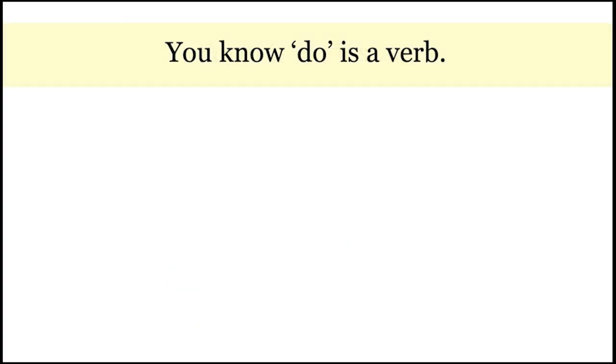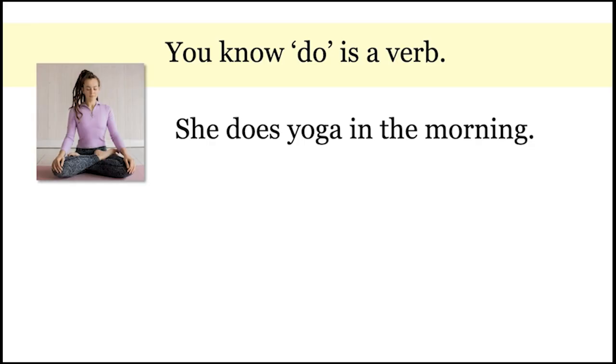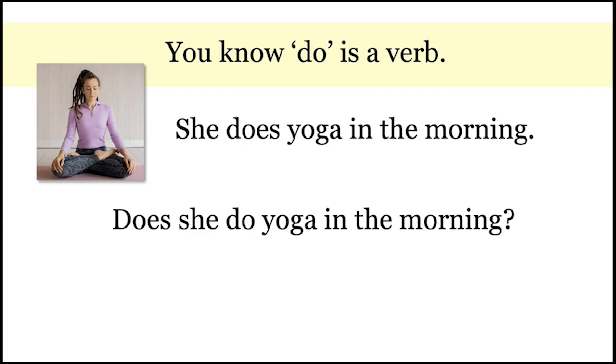Okay, you know do is a verb. Here's a sentence. She does yoga in the morning. Does here is the main verb. We say do yoga. Let's make this a question. Does she do yoga in the morning? Okay, now we have does and do. Does is used to ask the question, and do is the main verb for yoga.